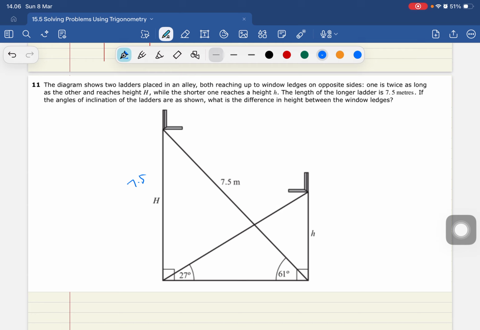So we have 7.5. The window ledge opposite is twice. Here is going to be the right angle.